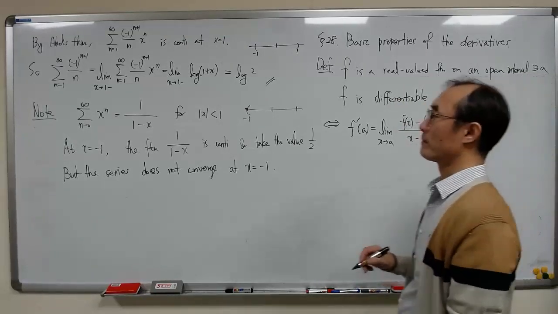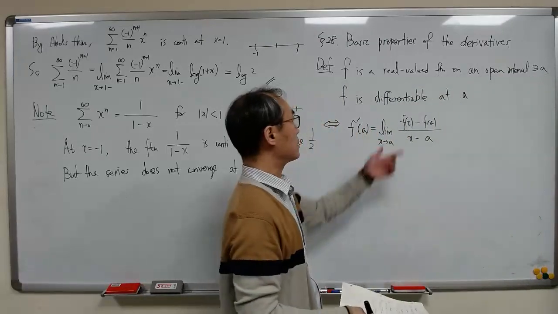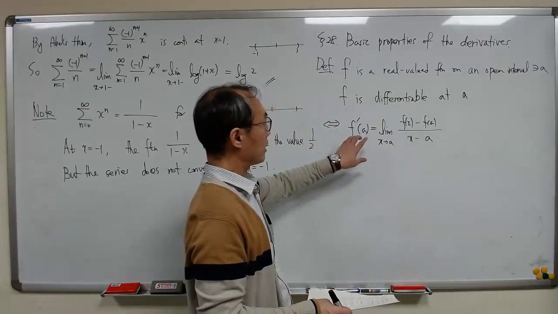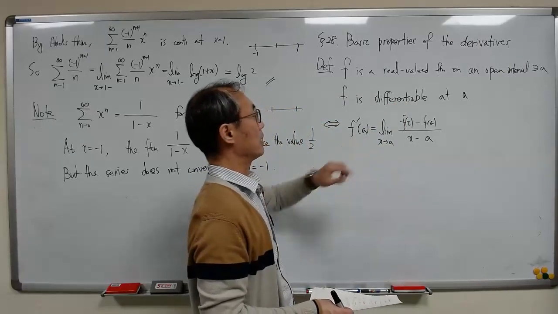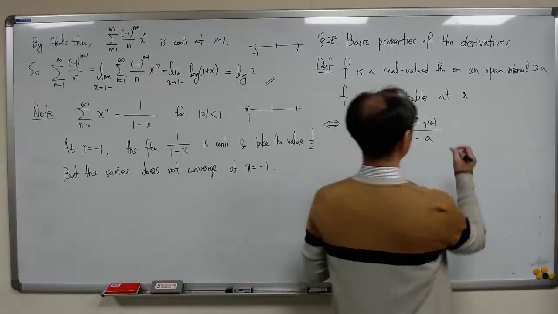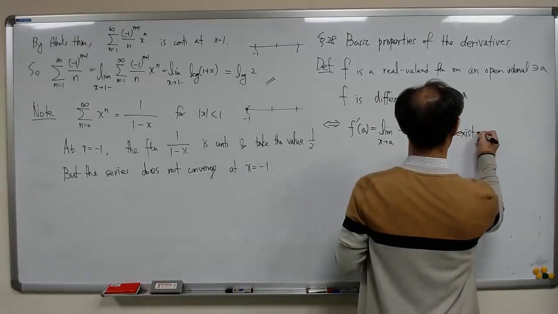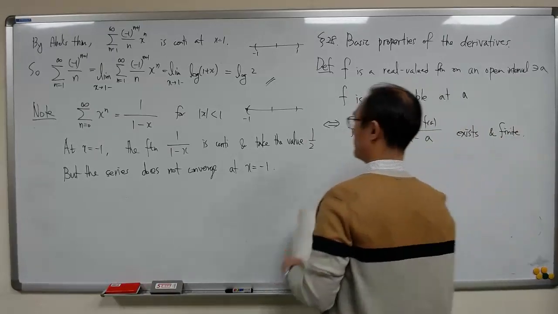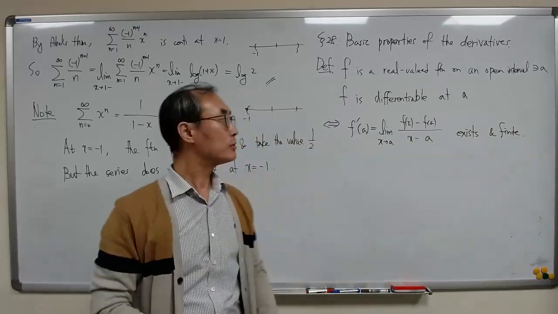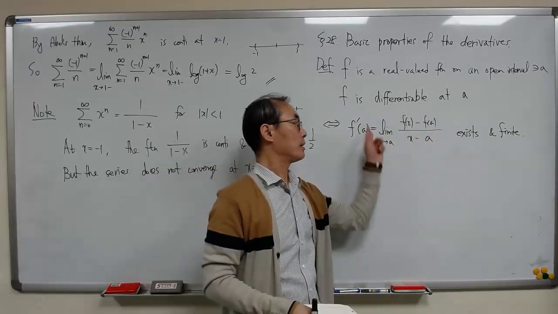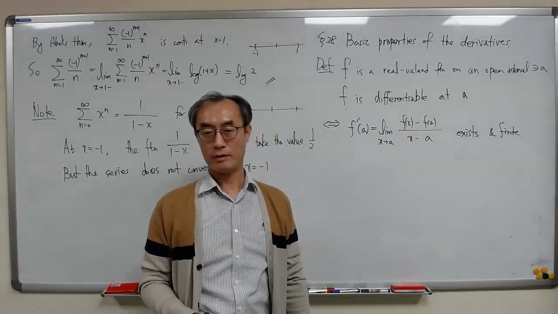So, differentiability can be defined by the existence and finiteness of this value. This limit exists and is finite. We're not going to say this function is differentiable if this limit diverges to infinity.